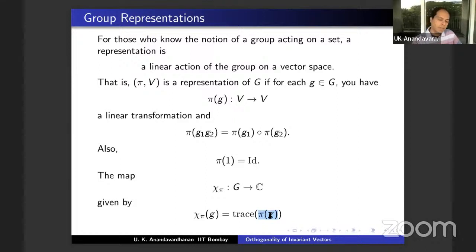That will be maybe 0, maybe non-zero, anyway, a complex number. This is called the character of the representation, the character of π. So in particular, if π is one-dimensional, this notion of character is the same as the earlier notion of character, because trace is doing nothing. It's a 1 by 1 matrix.